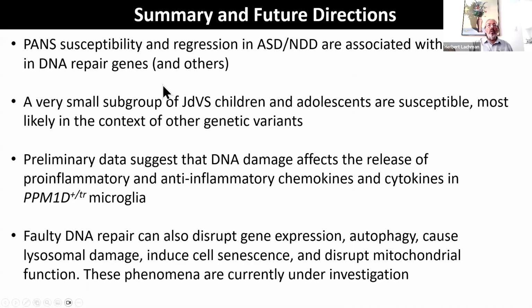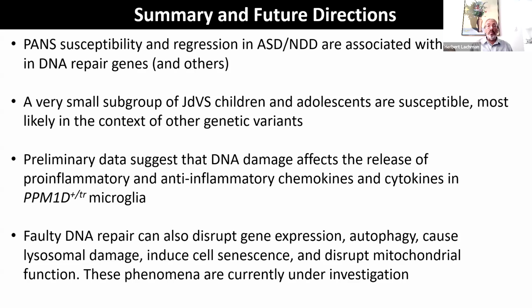So to summarize, PANS, susceptibility and regression in autism and NDDs are associated with mutations in genes that affect DNA repair, as well as many others, which would be 2 or 3 other seminars. And a very small subgroup of kids and adolescents with genetic degrees are susceptible.